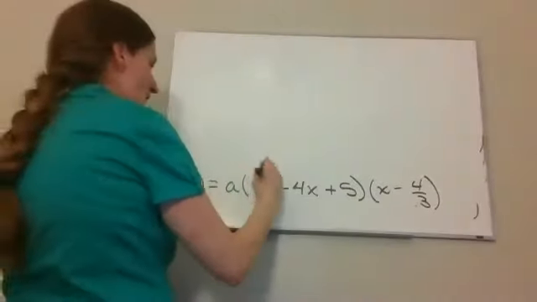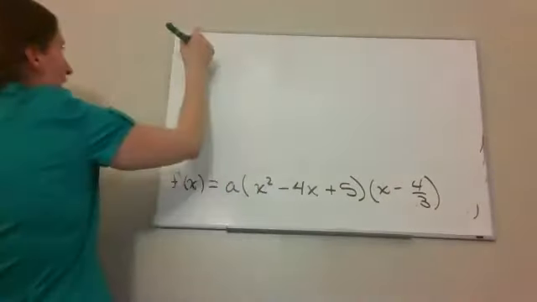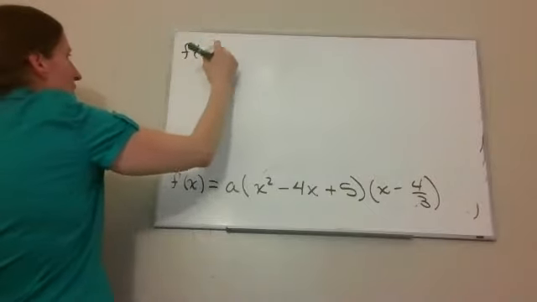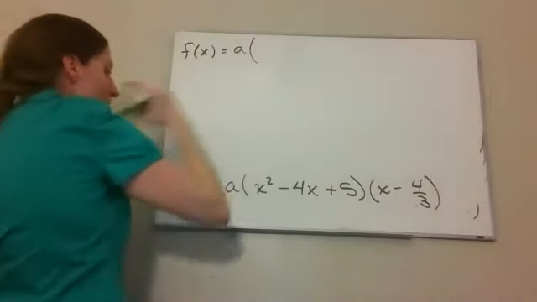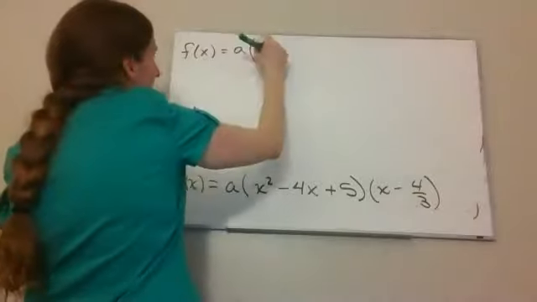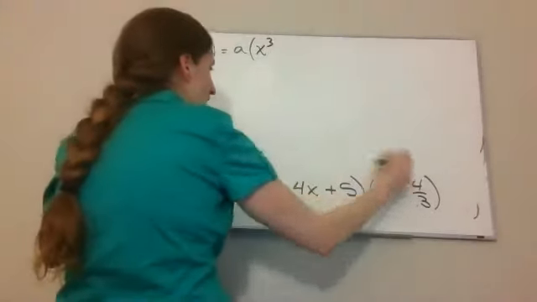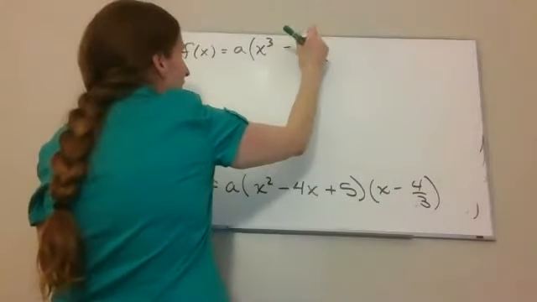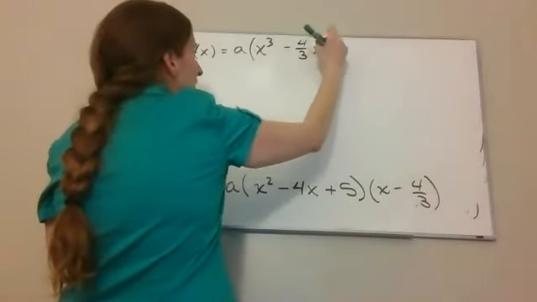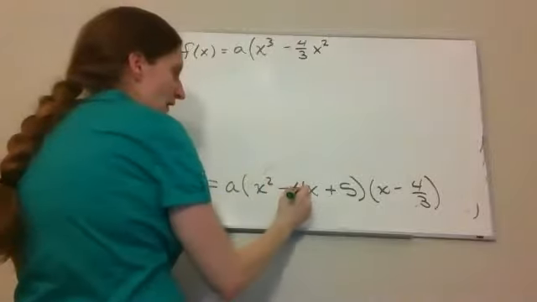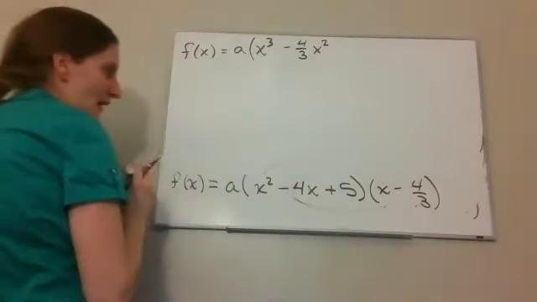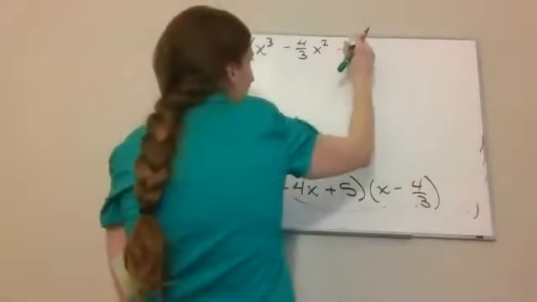So we have f of x equals my a times x squared times x is x to the 3rd. Then I have a minus 4/3 x squared. Then this gets me a minus 4x squared.